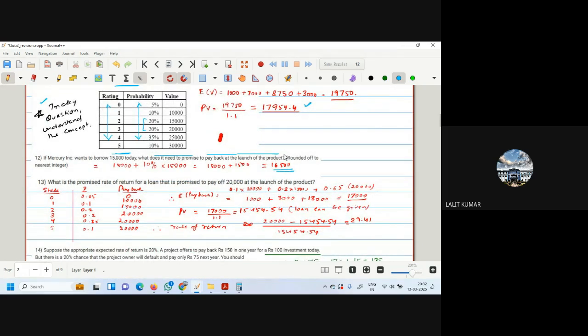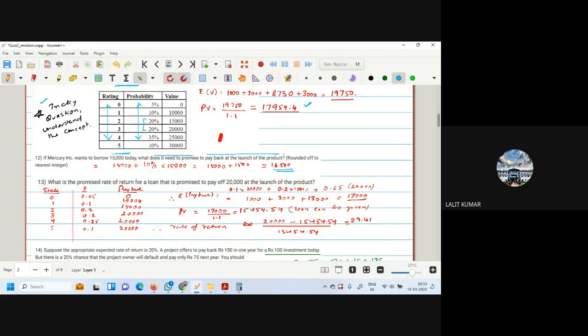The third part is, what is the promised rate of return for a loan that is promised to pay 20,000 at the launch of the product? Expected payoff, again, we have to calculate from all these conditions.